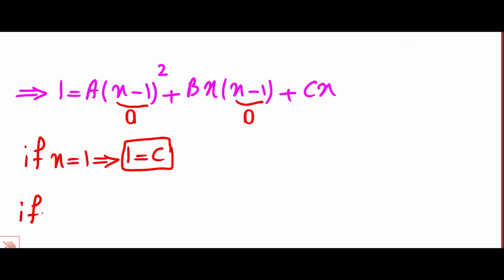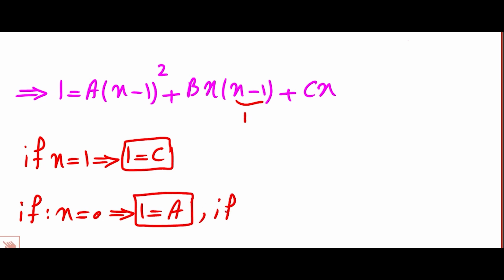If x equals 0, so we have 1 equals a times 0 minus 1 is negative 1 squared is 1. So we have a plus b times 0 is 0 and c times 0 is 0. So a equals 1.